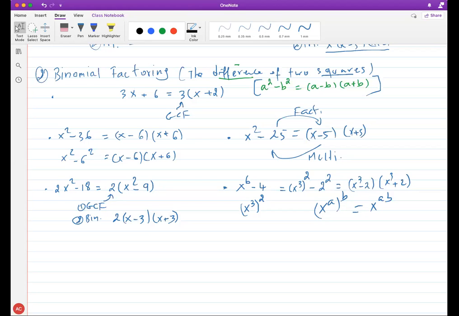Okay, so as I mentioned previously, we're going to be using factoring a lot in the next few topics. Most of it, or 80% of it, will be basically factoring. We're just going to add a couple more steps, but most of the work will be factor first and then solve or simplify either rational expressions or solve rational equations or solve quadratic equations.